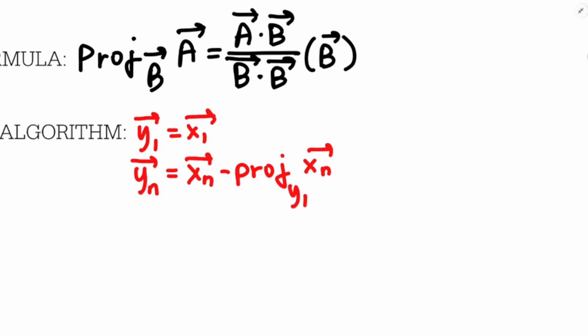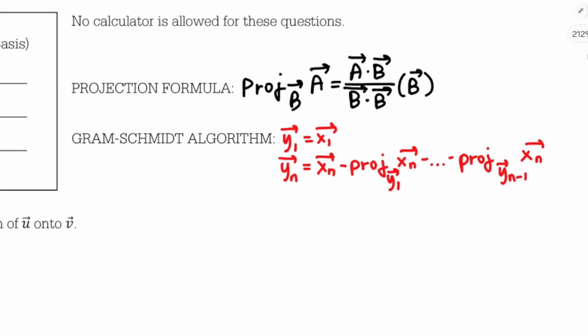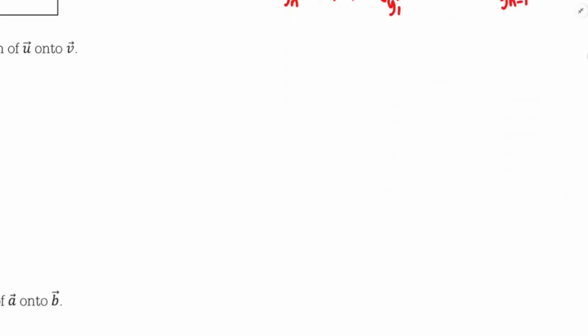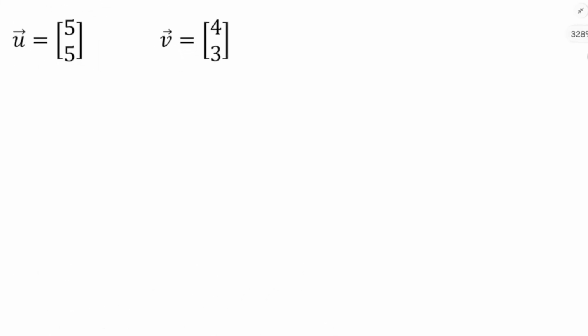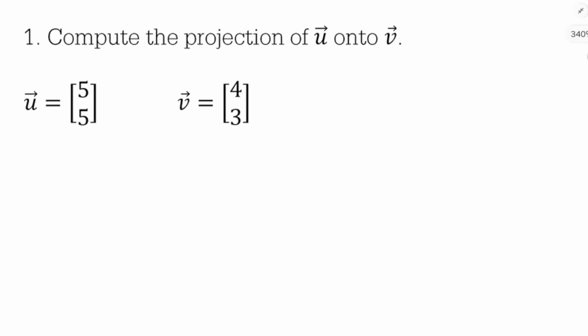Onto y1, minus the projection of xn onto y2, all the way up to the projection of xn onto all the y's that came before it, yn minus 1. Okay, that's the algorithm. But I don't think we're going to need to be getting into that on this problem set. So we wrote the algorithm, that'll be enough, at least for today.